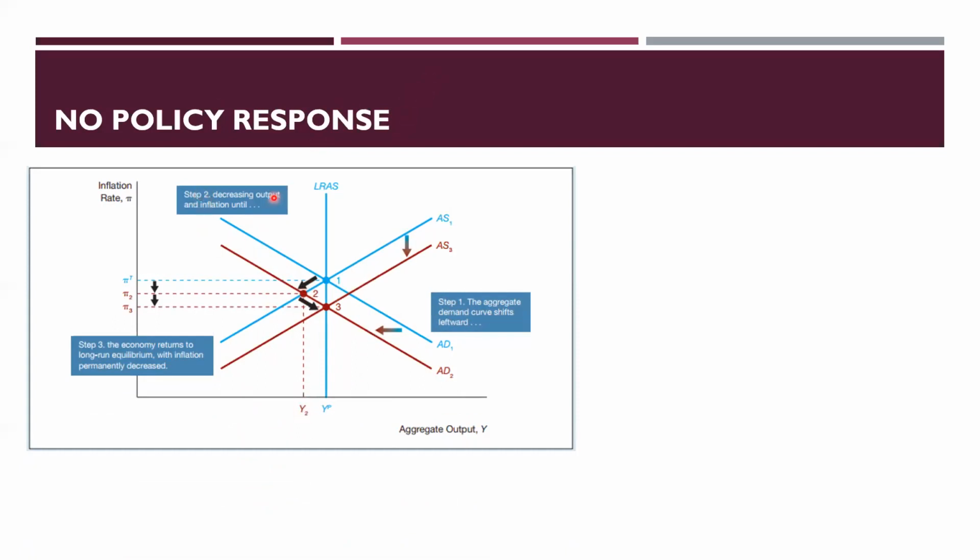This is step number two, decreasing output and inflation, because this was where we were at point number one, with YP and pi T, which is the target inflation rate and the potential level of output.